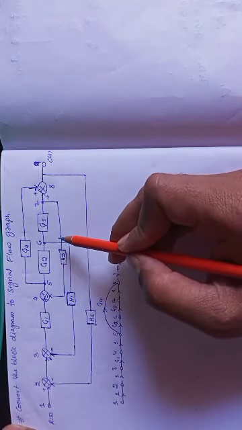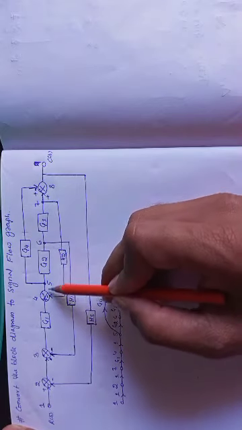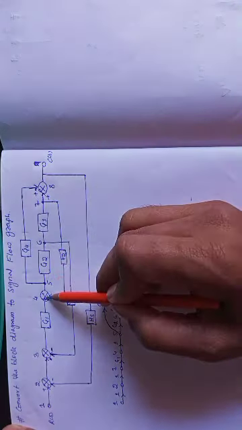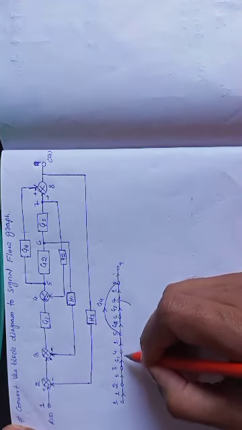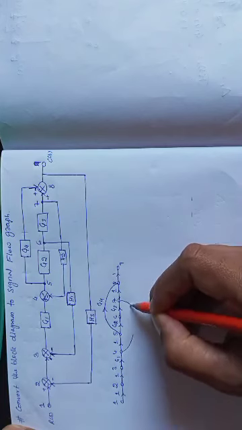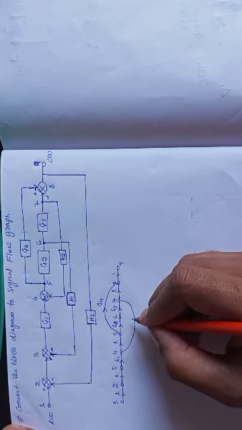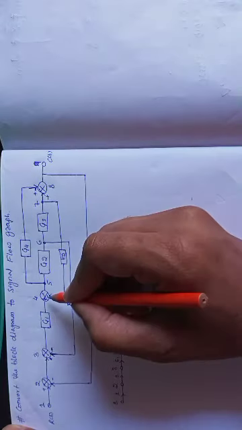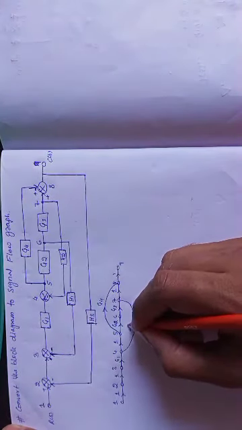and then feedback. The first feedback is from 7 to 4, this is 7 and this is 4, this is the feedback, and here it is negative, therefore this becomes minus H2.